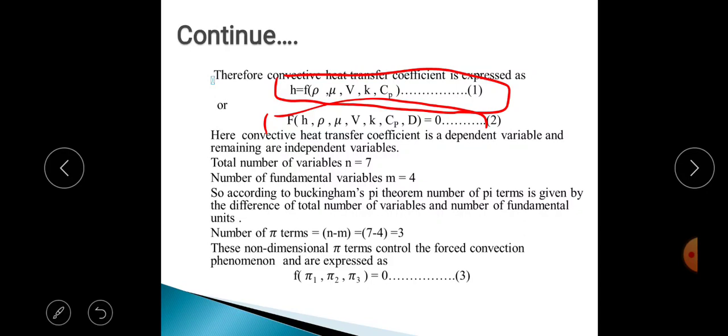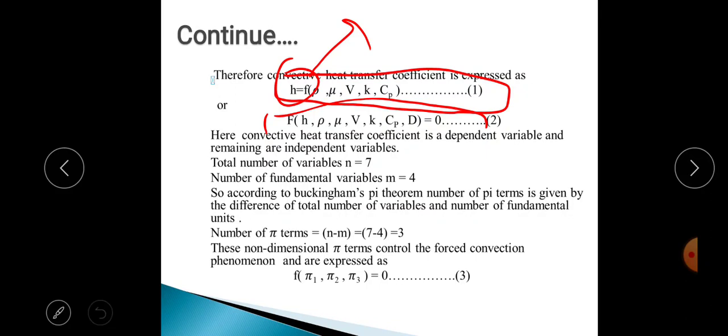Here the convective heat transfer coefficient h is the dependent variable, and the rest are independent variables.